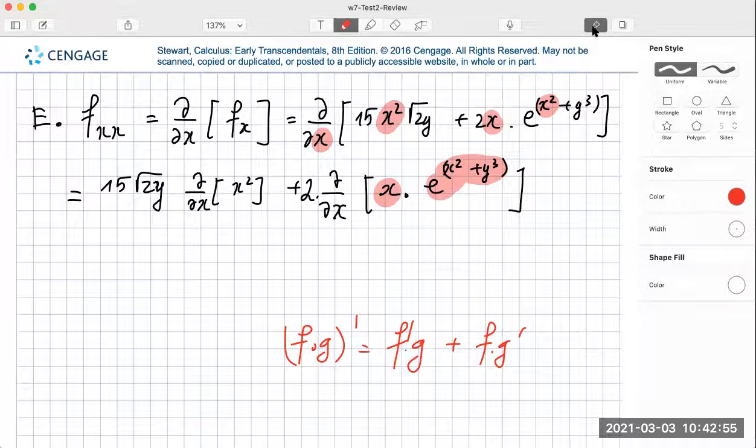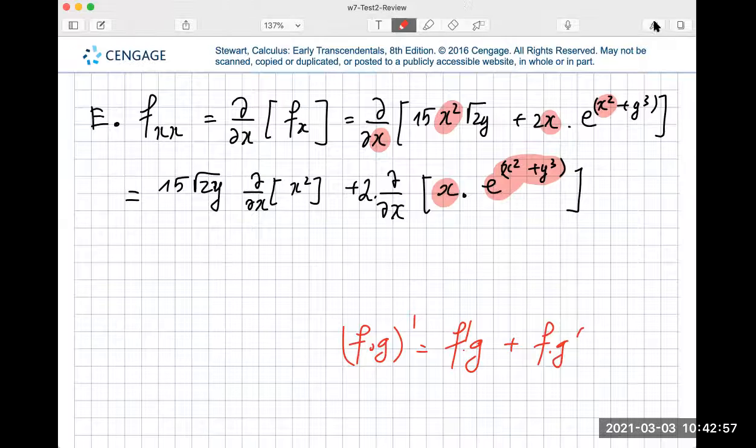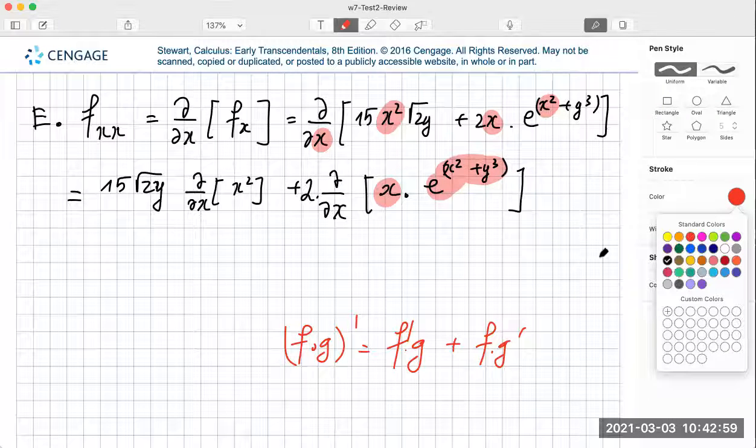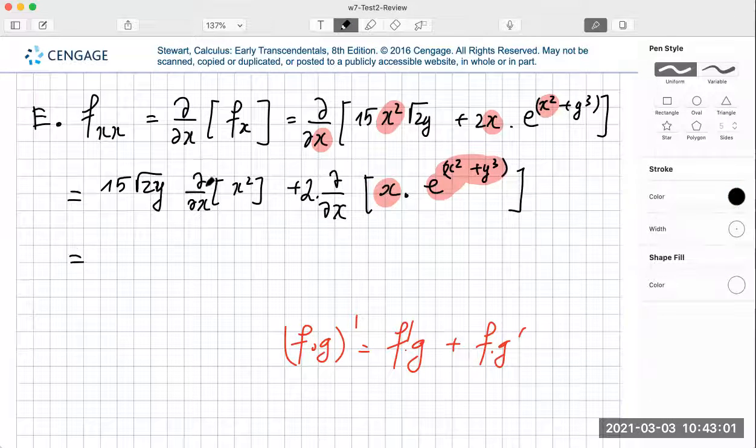Therefore, we have this. The partial derivative of x squared gives us 2x, right? Therefore, 2 times 15 would be 30 square root of 2y x. And here, the number 2 is a common factor.